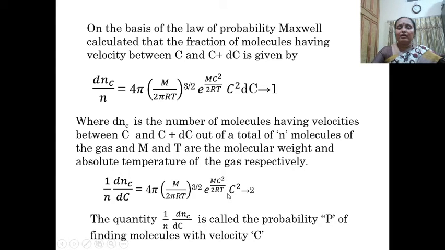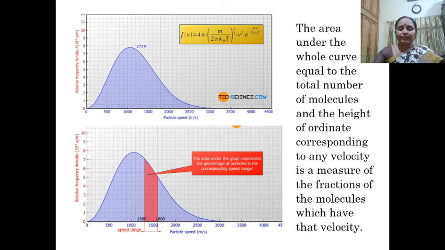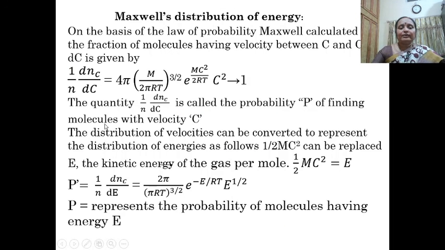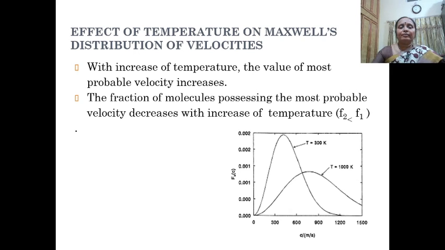And Maxwell distribution of energy is given as P dash is equal to 1 by N dNc by dE is equal to 2 pi by (pi RT) to the power of 3 by 2 e to the power of minus E by RT E to the power of 1 by 2.